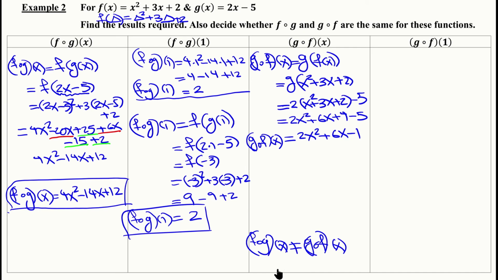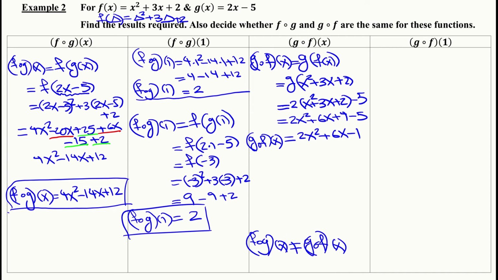Suppose somebody comes to you and says, hey, did you know the composition of functions is commutative? You can say, no, I have a counter example. This would be what we call a counter example in mathematics. All you have to do is show them this one example and say, see, no, you were mistaken, friend. It is not. Composition of functions is not a commutative operation.